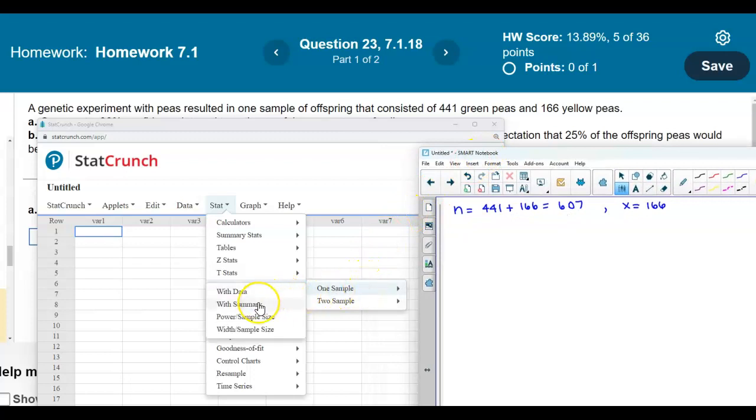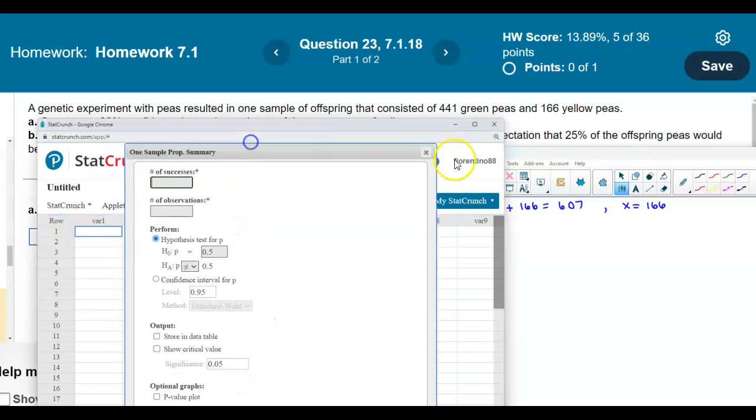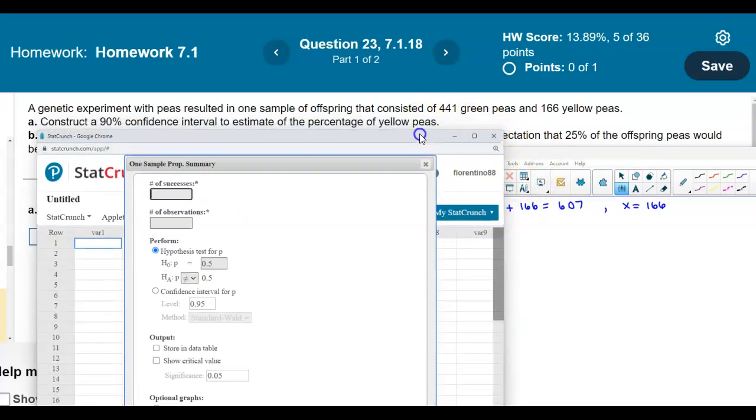Because we have the summary of data, we don't have every specific value that would be with data, we want With Summary. The number of successes depends upon the question. The question is saying yellow peas, so x is equal to 166. And then the number of observations is the total, which was 607.